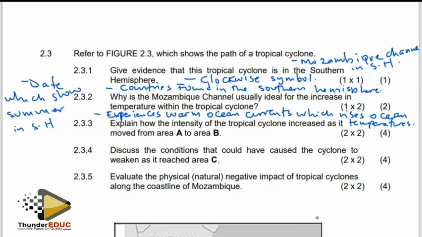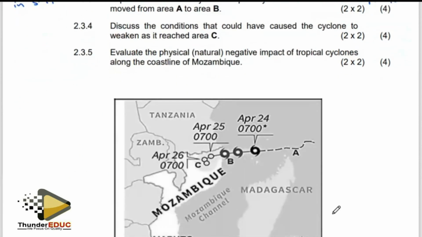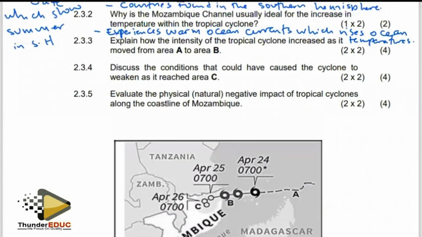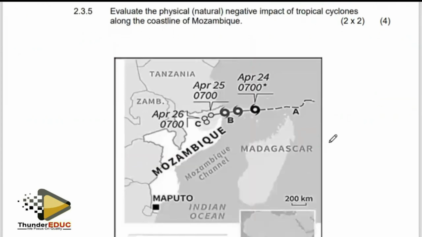2.3.3, explain how the intensity of the cyclone increased as it moved from area A to area B. So you can see area A to area B. This is the Mozambique Channel.